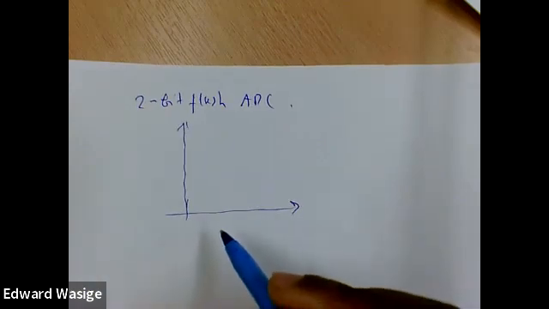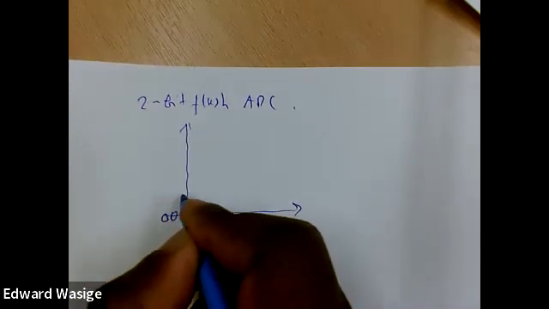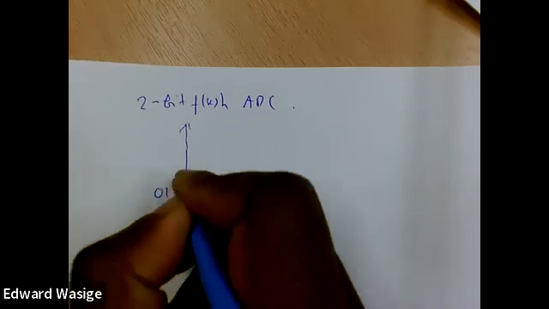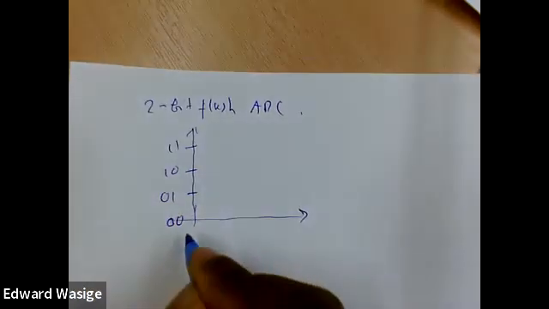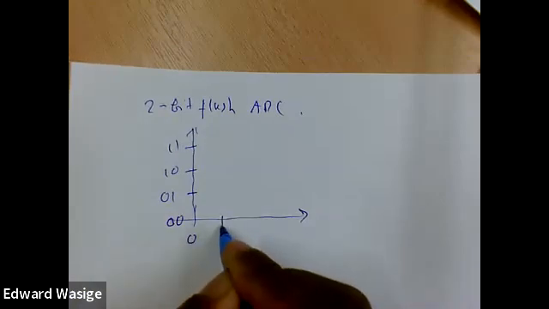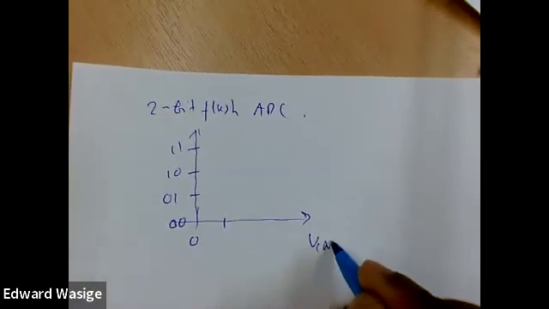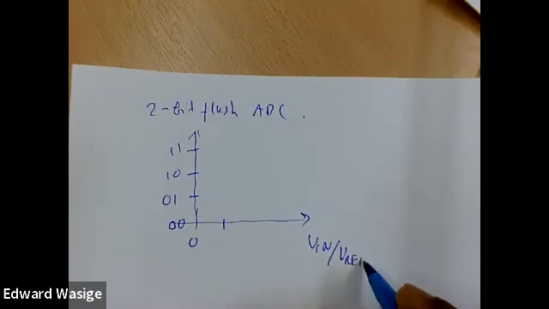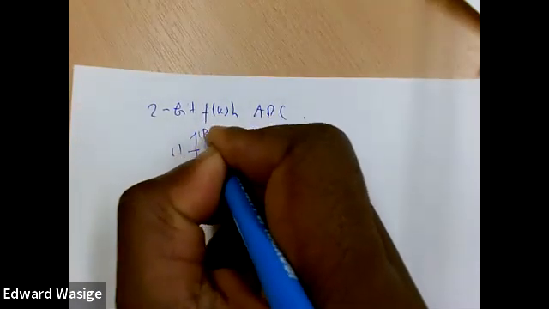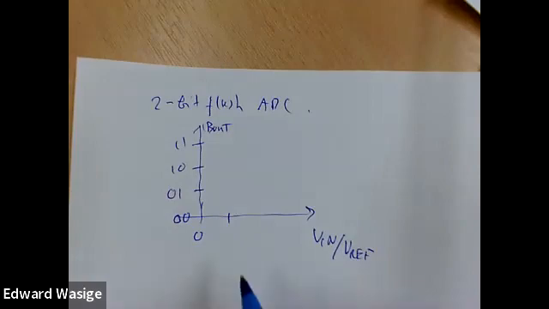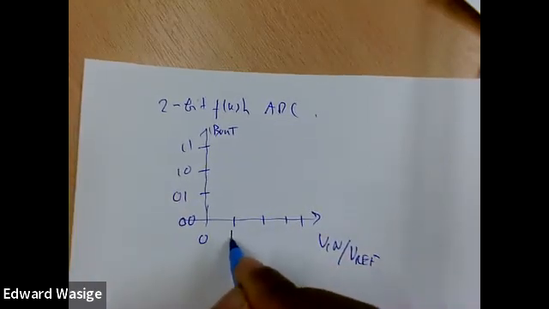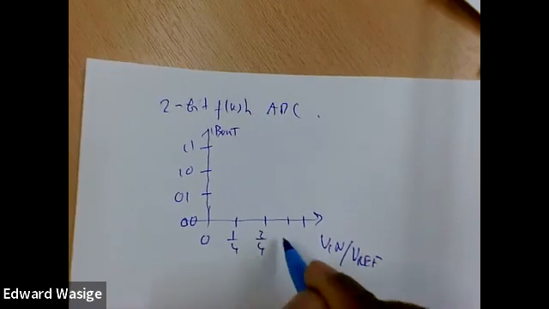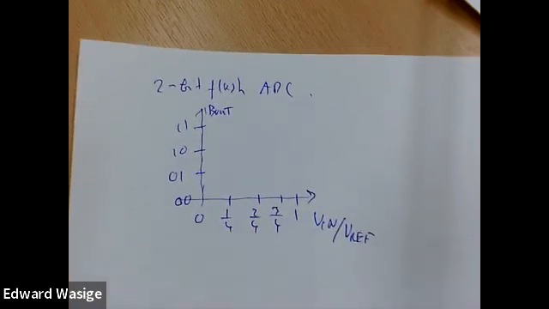characteristic. If it's 2-bit, we know the outputs will be 00, 01, 10, and 11. And on the axis Vin divided by Vref, this is a digital output, which you can call Vout. This one, we also divide it into 4 parts, and the first one is a quarter, 2/4, 3/4, and 4/4.